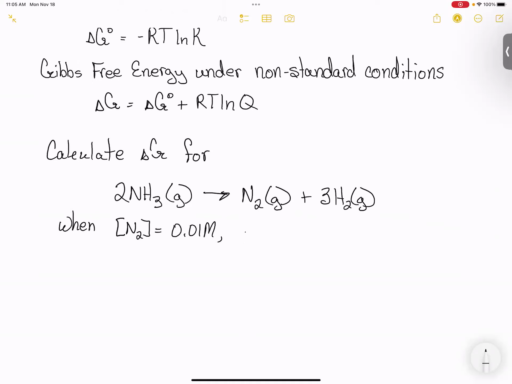The concentration of H2 is equal to 0.01 molar. And the concentration of NH3 is equal to 0.1 molar.